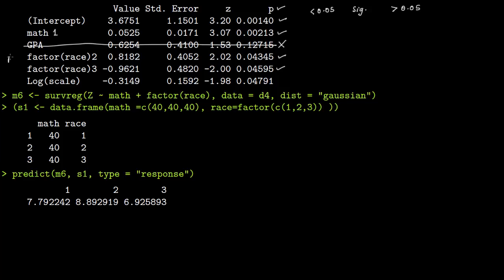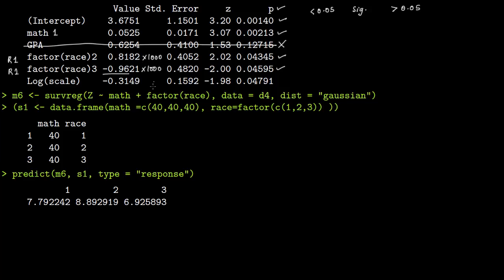Now if race changes from 1 to 2, your salary goes up by 0.818. If your race changes from 1 to 3, then your salary goes down because there is a negative sign. Your salary goes down by 0.96 in terms of thousands of dollars. You have to multiply this by 1000 if you want the exact salary.